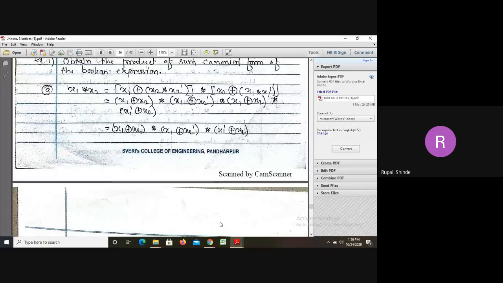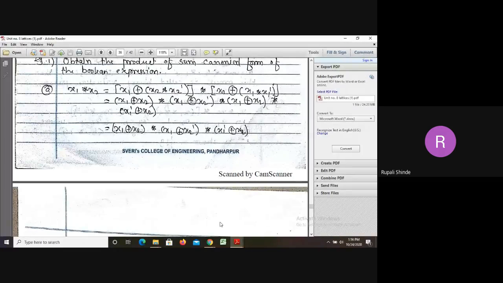Now for the third 0, the sequence is 0, 1, 1. So its max term becomes x1 xor x2 complement xor x3 complement. Then the next one is 0, 1, 0, so its max term is x1 xor x2 complement xor x3.